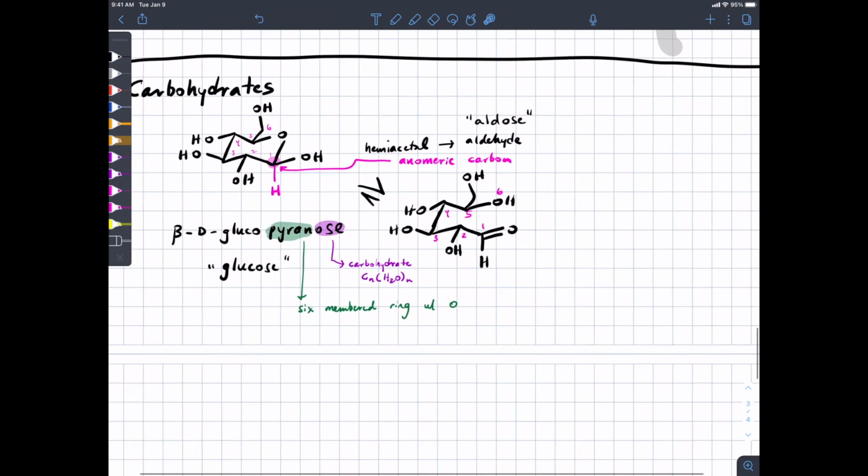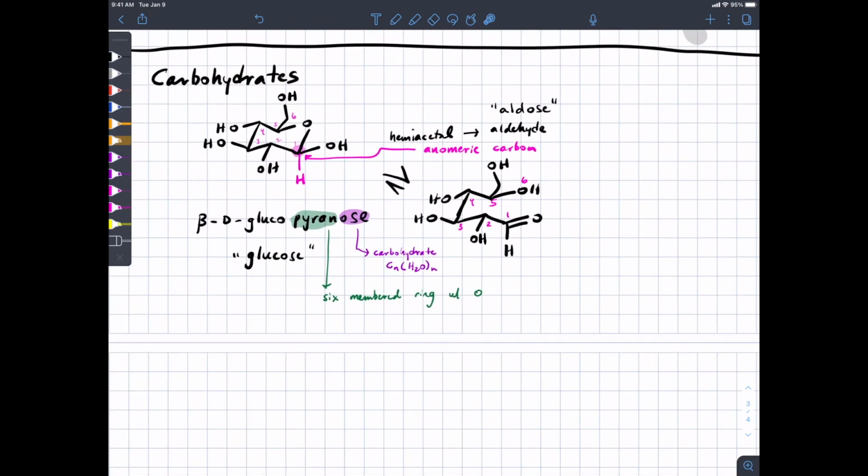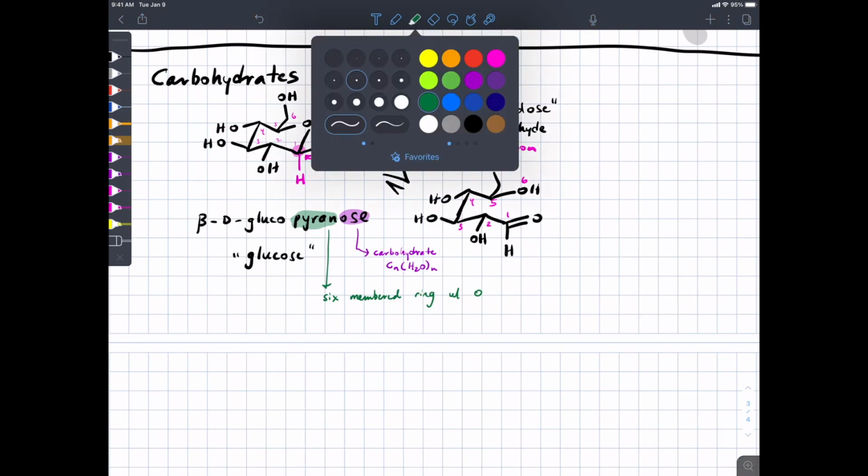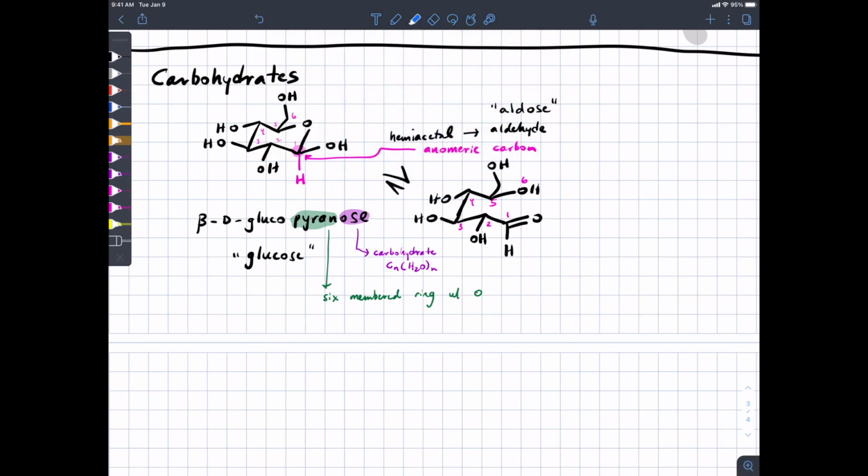Okay, gluco refers to the stereochemistry of carbons 2, 3, and 4. Why would you only want to talk about the stereochemistry of carbons 2, 3, and 4? Well, I don't know.